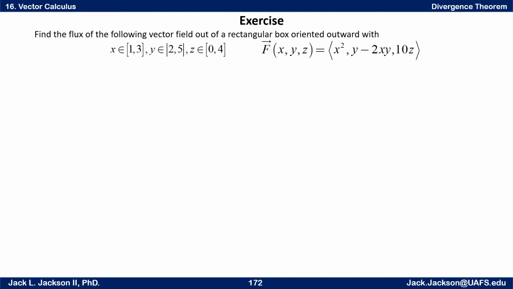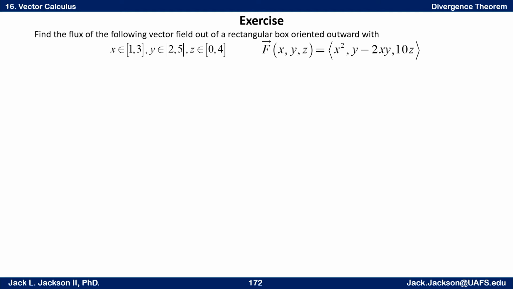Now, if you think about this, to do this directly, we have to set this up as a flux integral. We'd have to parameterize this surface. Well, this surface is not just one smooth surface. It's actually 6 pieces, 6 parts of 6 planes. So to work this out directly, we would have to parameterize all 6 of those, break it down into 6 different integrals, find the flux out of each of those sides, and then add them up.